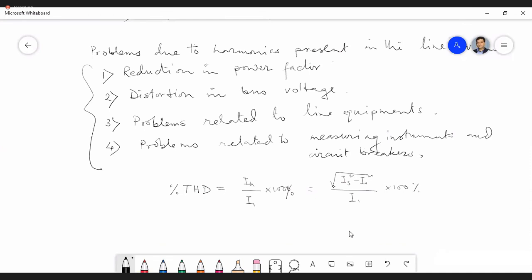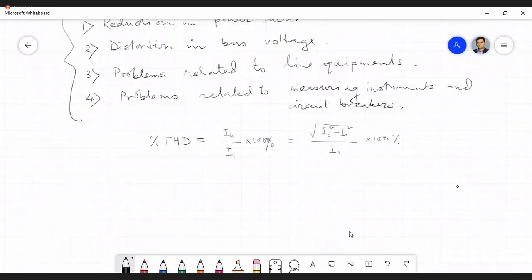So there is a certain limitation imposed by different standards. Like in our IS, we don't have any standard for THD so far I know, but in the IEC standard they have some limit. They have some guidelines for THD, and for current it should be less than 10%. I think that standard is IEC 512. I have to check once again, but I think it is IEC 1.1512.